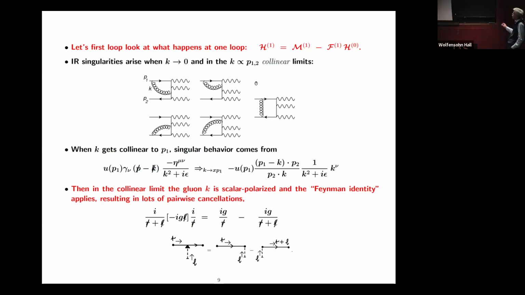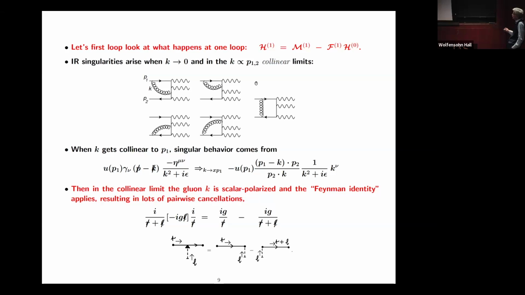But the main point is that when we get a collinear singularity here, this K, when it probes the hard scattering function, is an unphysically polarized gluon. And in the collinear limit, then, K is scalar polarized or longitudinally polarized.